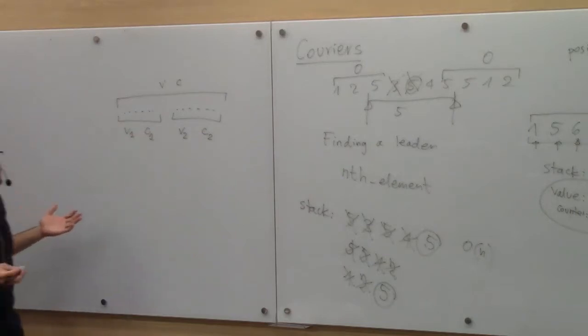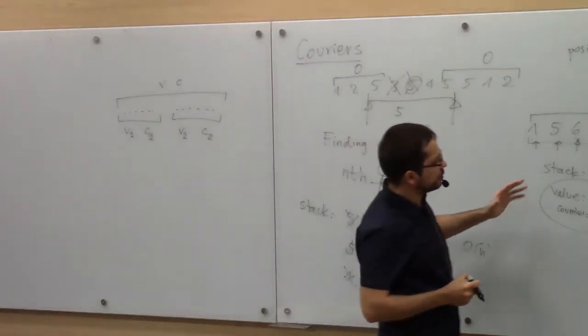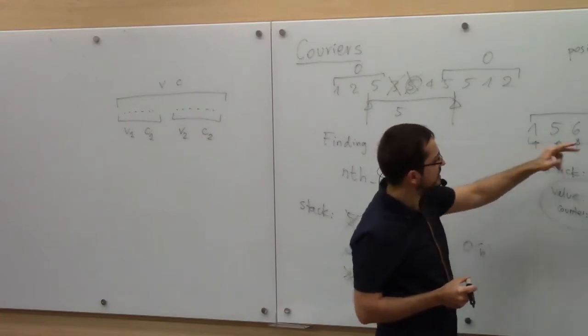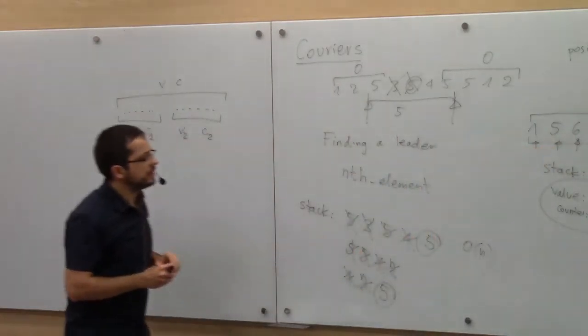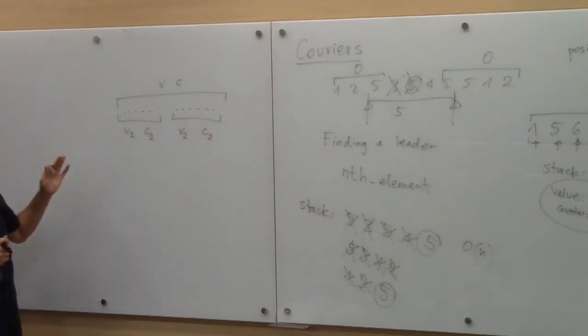So basically, this means that we can try to simulate what will happen with this algorithm, and it turns out that we have several cases here.